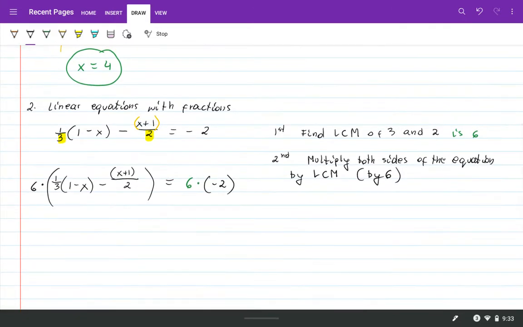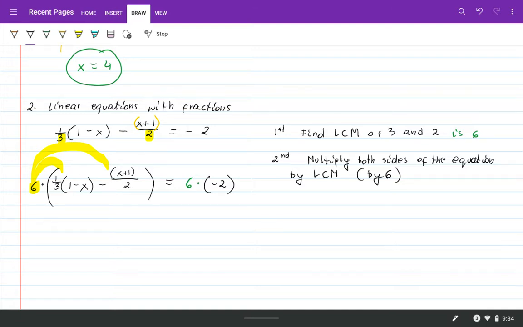And now I'm going to start distribution, apply distribution property. So 6 times the first expression. So here in first expression, you have multiplication. So we're going to multiply 6 by the first expression, and then we will multiply 6 by the second expression.